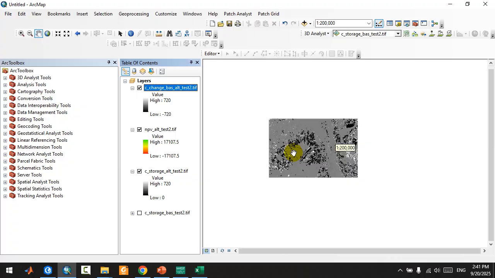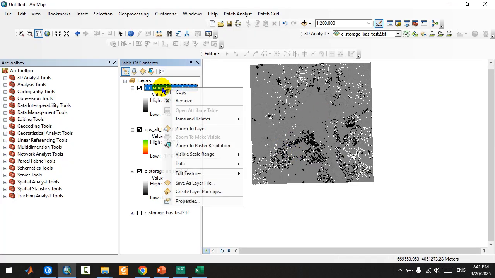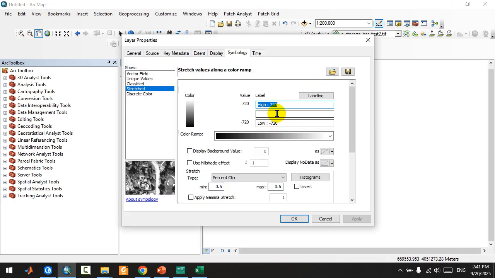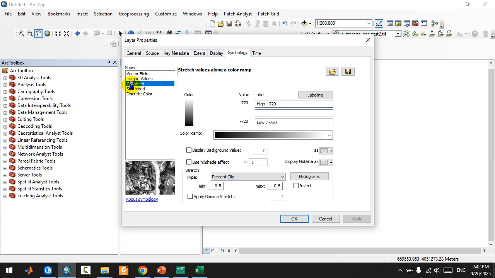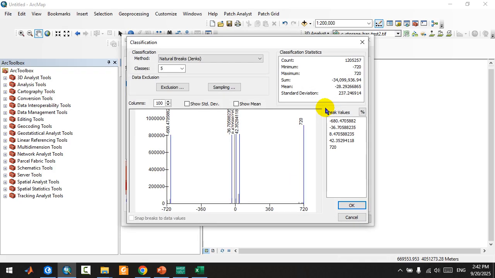Okay, and properties, symbology, classify, again classify. About 34 million tons of carbon were emitted into the atmosphere over the 24 years from 2001 to 2025.